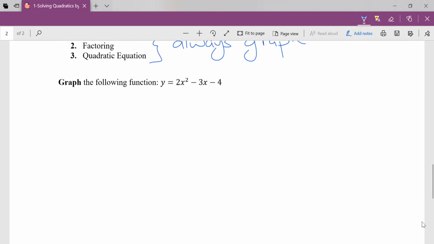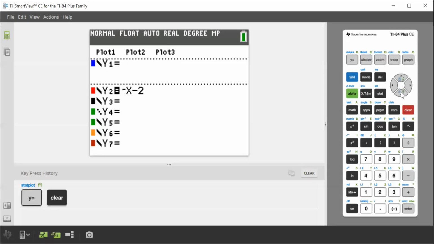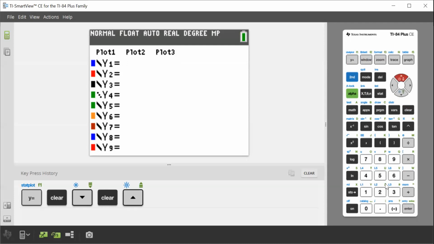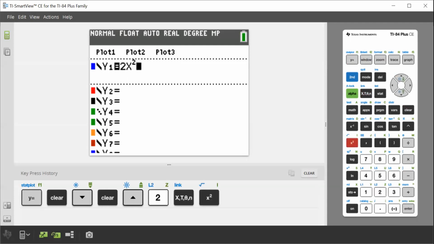Okay, so here we go. Let's graph the following function. So it's a function because it's y is equal to. So let's go to our graphing calculator. So make sure you have that with you. Okay, so I'm just going to pull up my emulator here. Let's clear out whatever garbage I have in there. And what was this one? 2x squared, and then minus 3x minus 4.